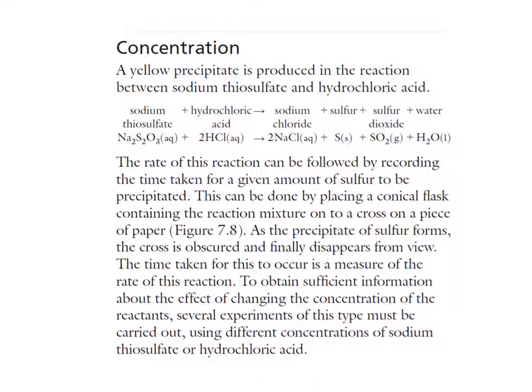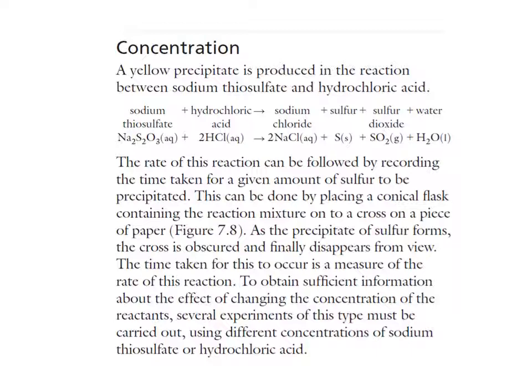Suppose you are targeting 1 gram of sulfur. If you are taking highly concentrated sodium thiosulfate and concentrated hydrochloric acid, then 1 gram of sulfur will be formed very quickly, in a fraction of a second, while with a dilute solution, 1 gram of sulfur can be achieved after some minutes.